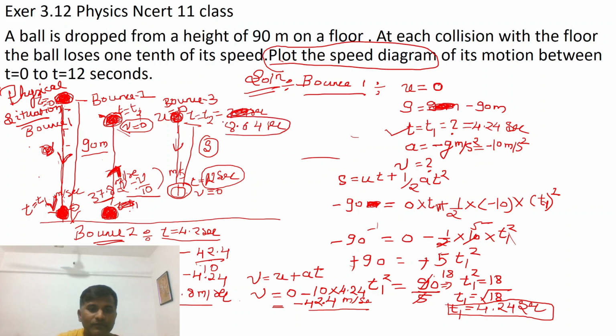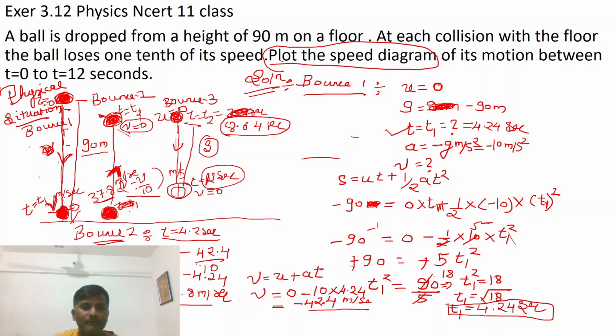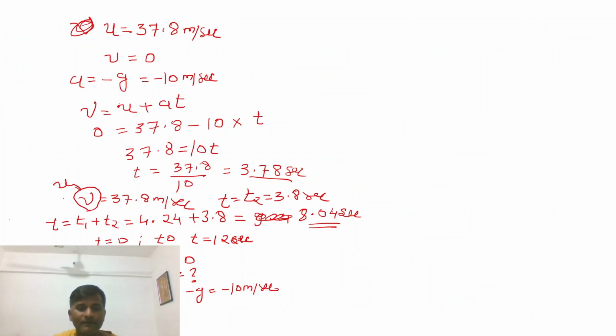From 8.04 second time to 12 second, how much time is left? The time for which it will come from here to this point. It will be t is equal to 12 minus 8.04.